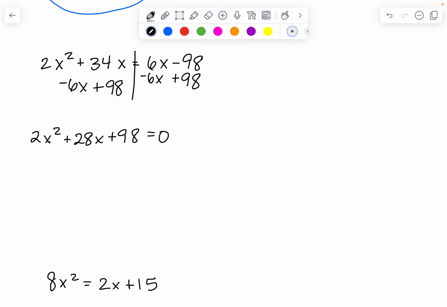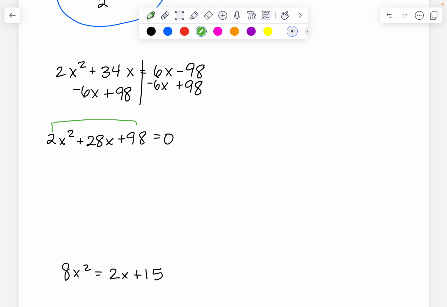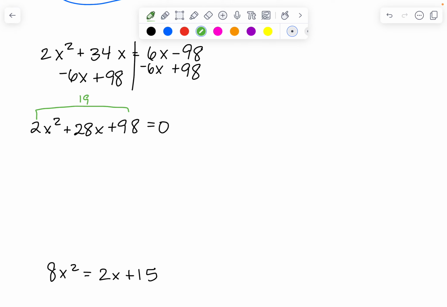This can be factored, but there's too much thinking with it for me. I need to come up with two numbers that multiply to 98 times 2, 196, and then add to 28, and it's too much work. I don't want to do it.